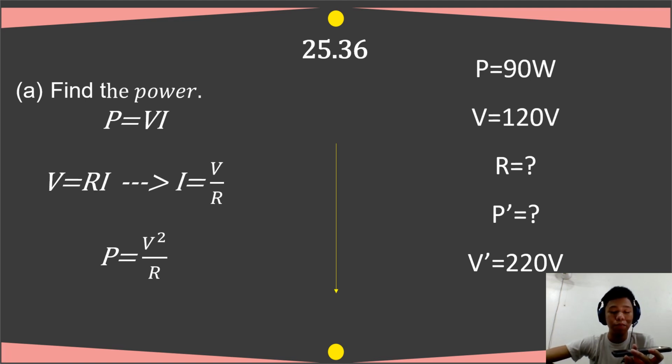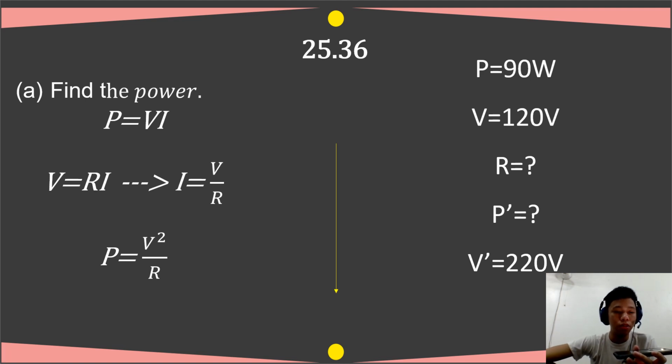The first step is to list the given values. The first power is 90 watts, the volts is 120 volts, and the resistance is missing. The power of the other system, which is what you're trying to find, is missing, and its volts is 220 volts.